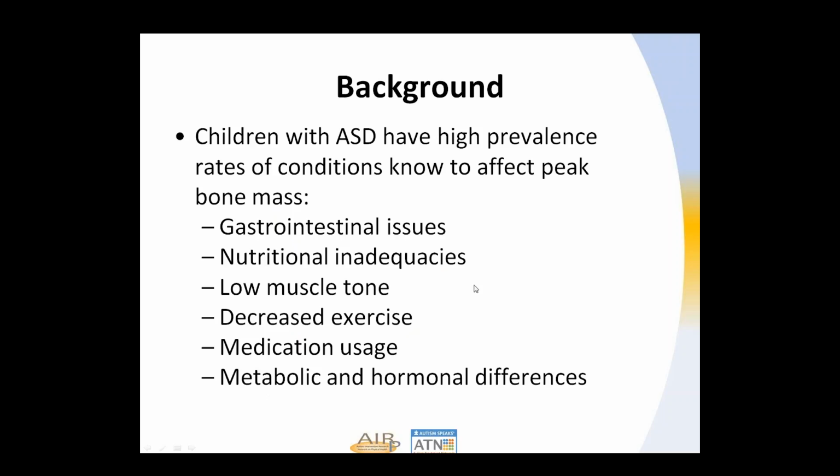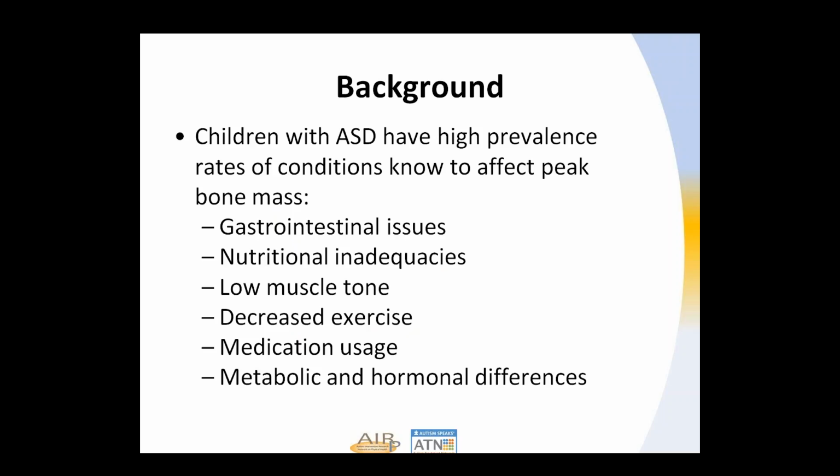So children with autism have a high prevalence of conditions that are known to affect peak bone mass, and these include gastrointestinal issues. For example, children with celiac disease are known to have low bone density. Nutritional inadequacies: looking at the diet of children with autism, it is often deficient in calcium.